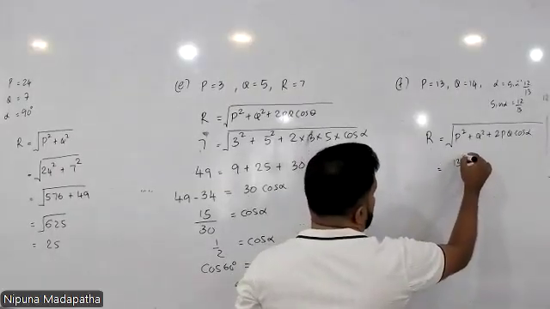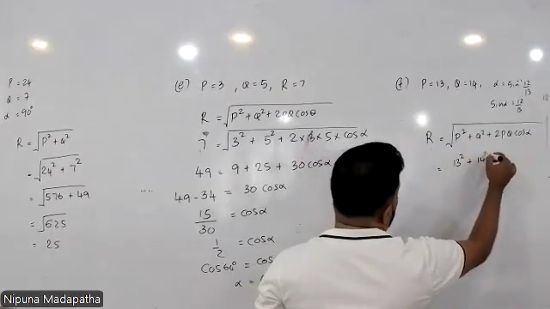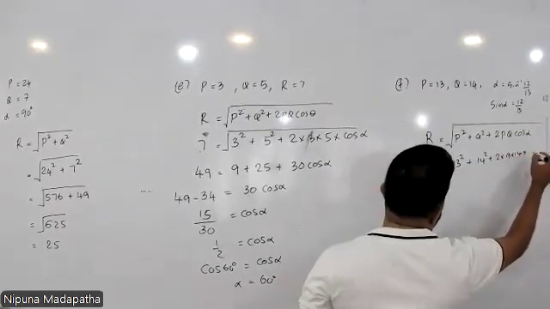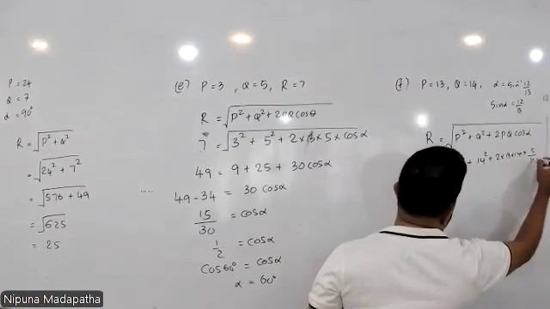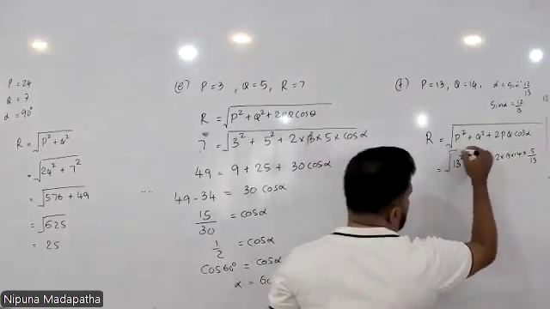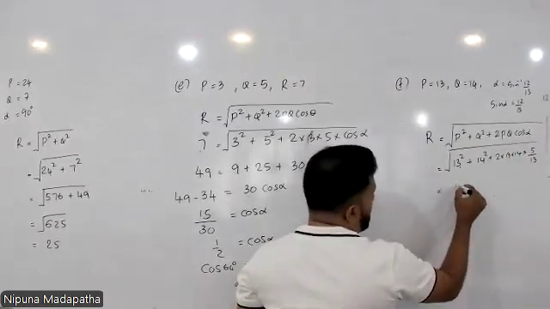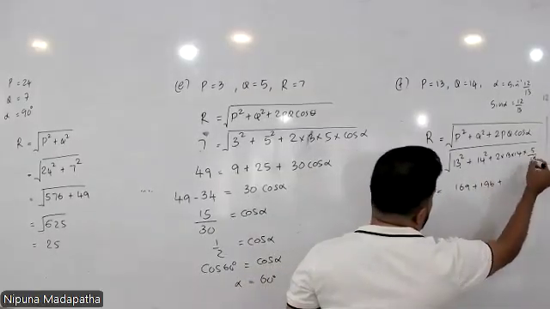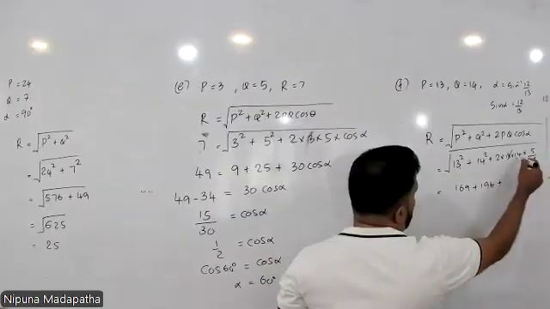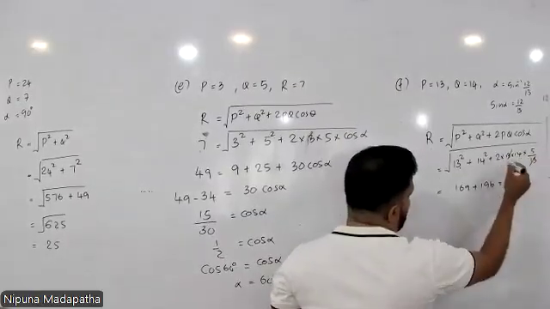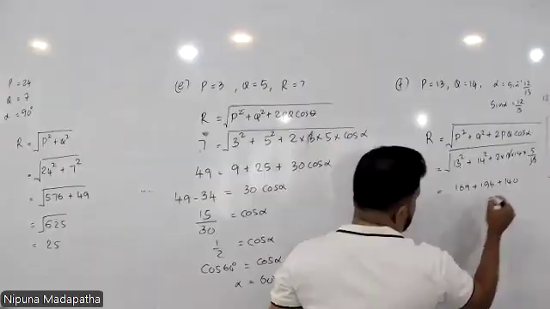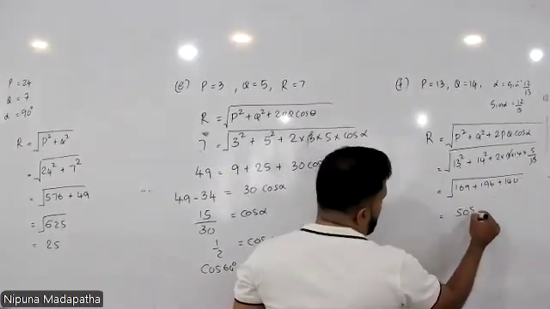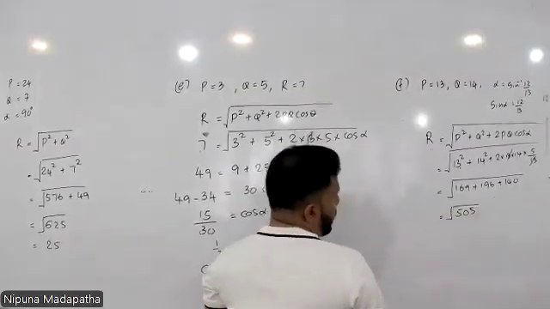So P is 30, Q is 40: P squared plus Q squared plus 2 into 30 times 40, cos alpha is 5 over 13. Finally, R is the square root of 505.